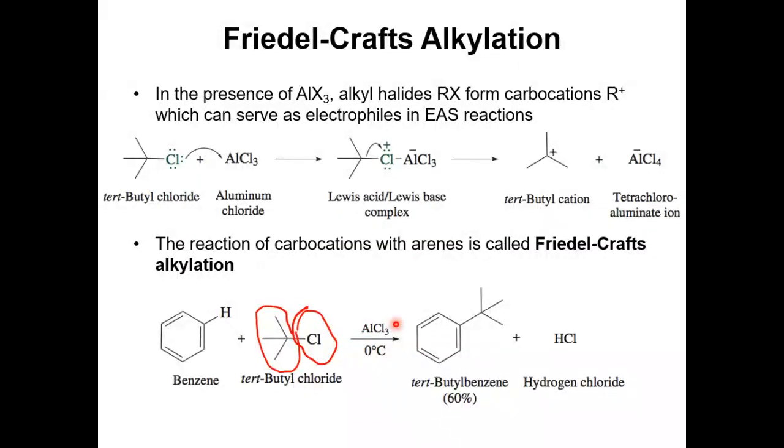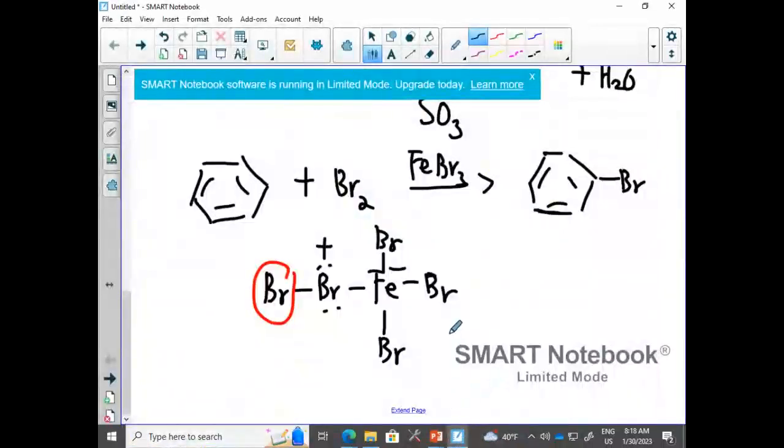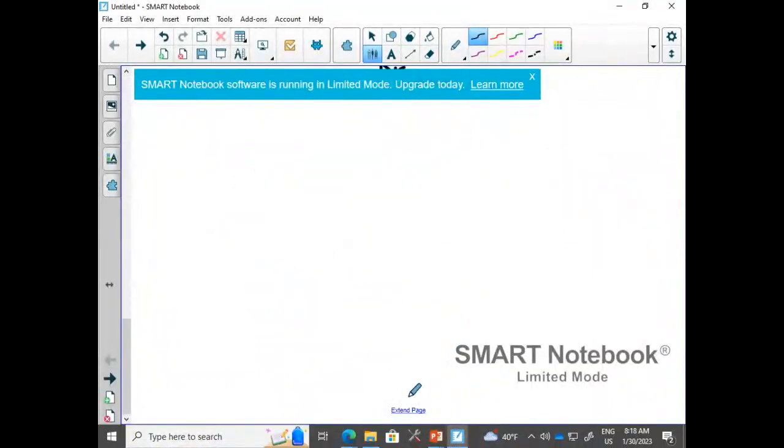As we discussed last class, aluminum chloride is what kind of compound? Does anyone recall what we discussed last class? If you look at the aluminum chloride structure, this is the Lewis structure of aluminum chloride. Look at the aluminum.